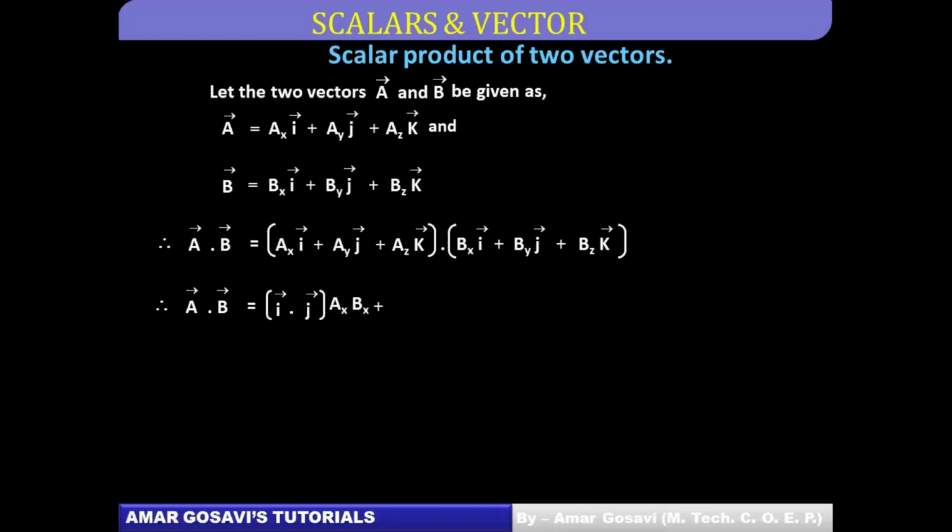Let's talk about the second term. Now in the second term, it will be AX being multiplied by the second term. So it will be i dot j. Let's put it that way. You can see i dot j in this case. Again, I show you with the arrow, i dot j.